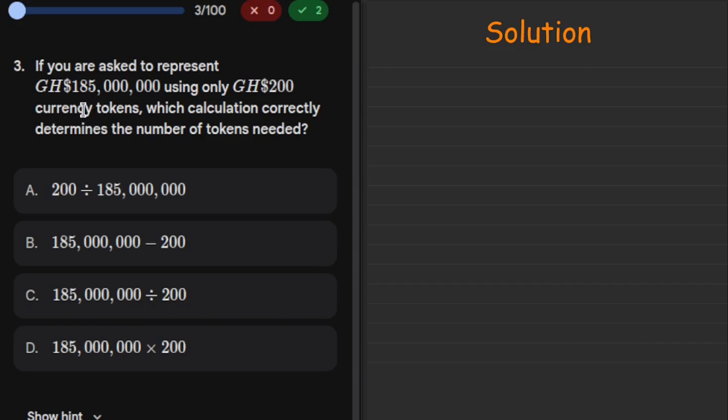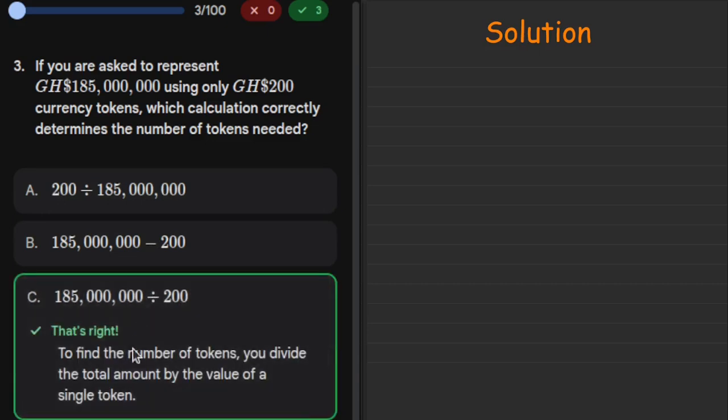Divide, you see. So for the first one here, it says we're actually dividing the 200 by the amount of money. That is not true. For the second one, it says subtraction. That is also not true. Hence, for our third one here, which says division, that is going to be our answer. It says to find the number of tokens, you divide the total amount by the value of a single token. Let's look at our next question.